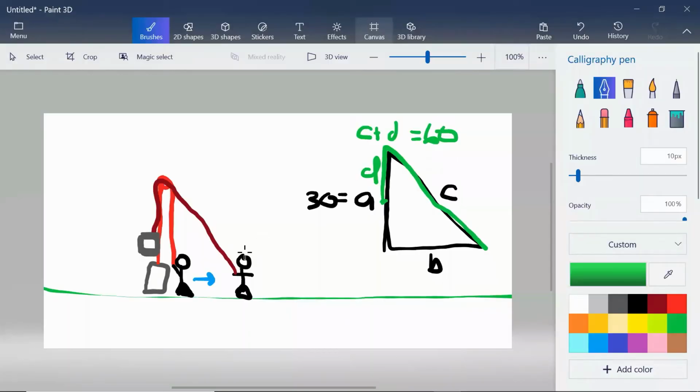If this length were to increase by 2, then this length goes up by 2. Again, we're calling this x here. All right, so there we go. Call that x to avoid a DD scenario.